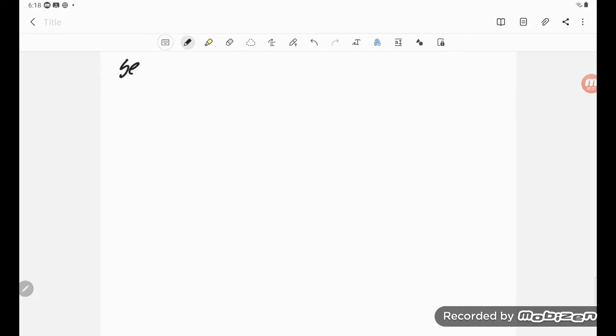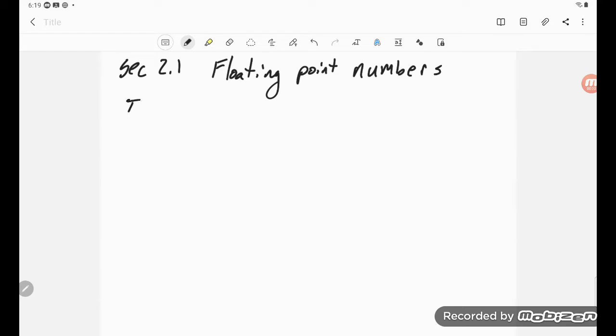Okay, here we have section 2.1, and we want to go into floating point numbers a bit. So, this is in math and arithmetic kind of stuff.